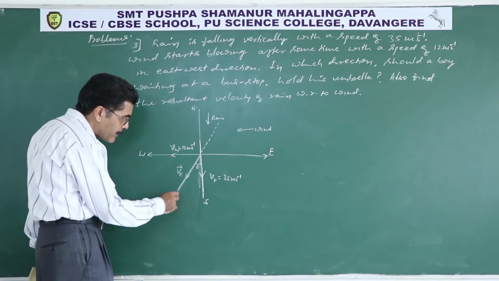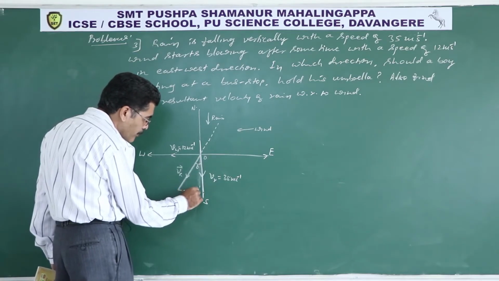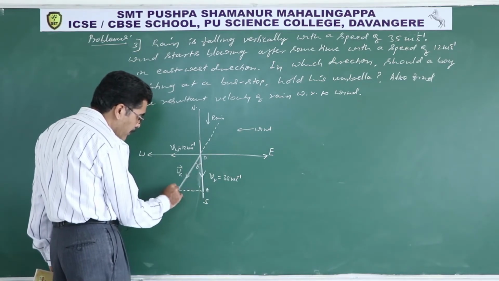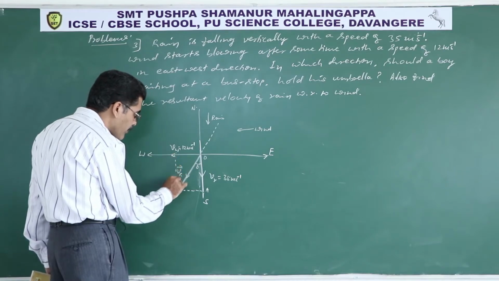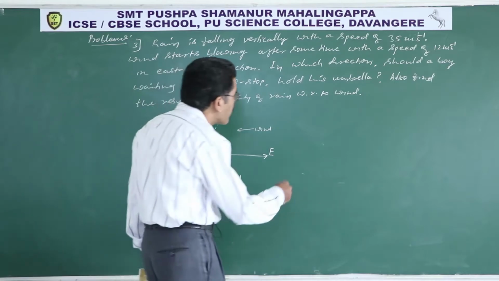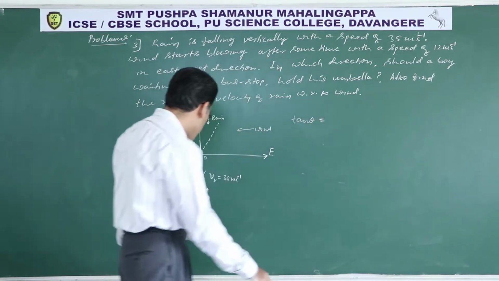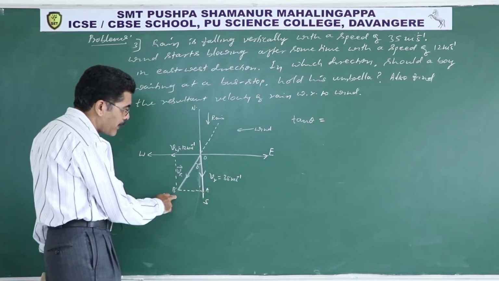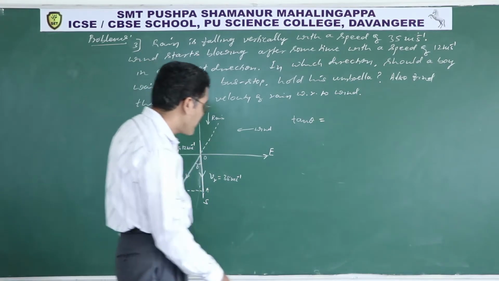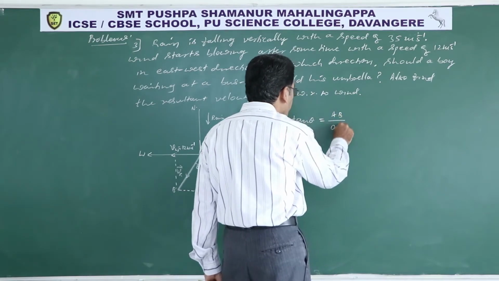I take this triangle OAB. What is tan theta? Tan theta is opposite side by adjacent side, AB by OA.